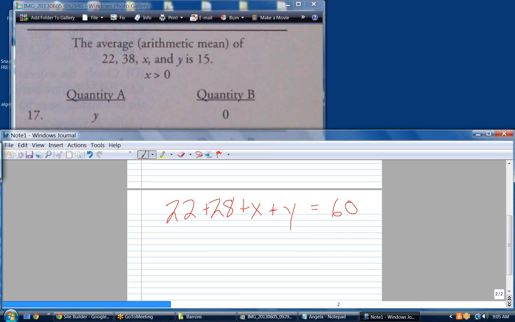Just one moment, Angela. Okay. 60 equals 60. I think they have a misprint in here. Well, what does x plus y have to equal? 10.